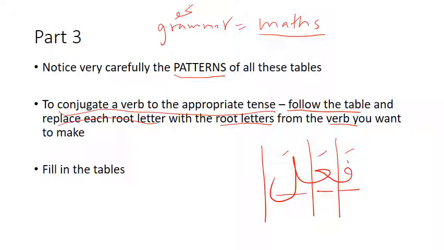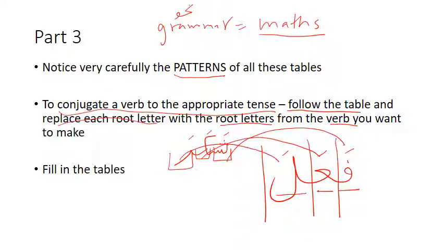So if you have any other verb, like for example shakara, which we will do in this lesson, the first letter is sheen, the second letter is kaf, and the third letter is ra. So all you need to do is just replace each one with that, and then you can follow the verb table, but I'll explain that more as we go.